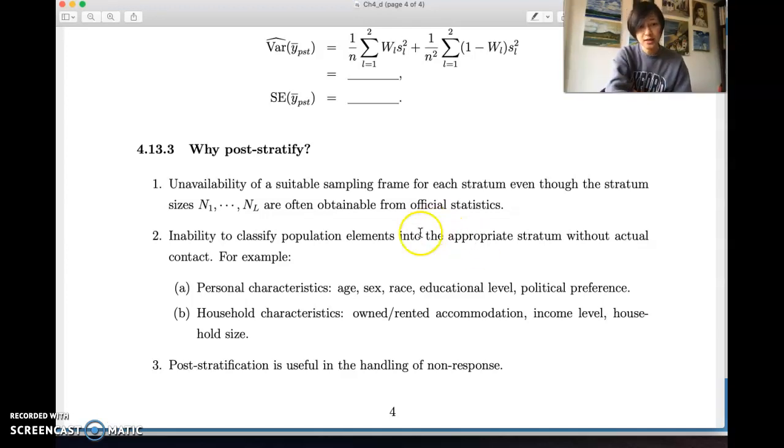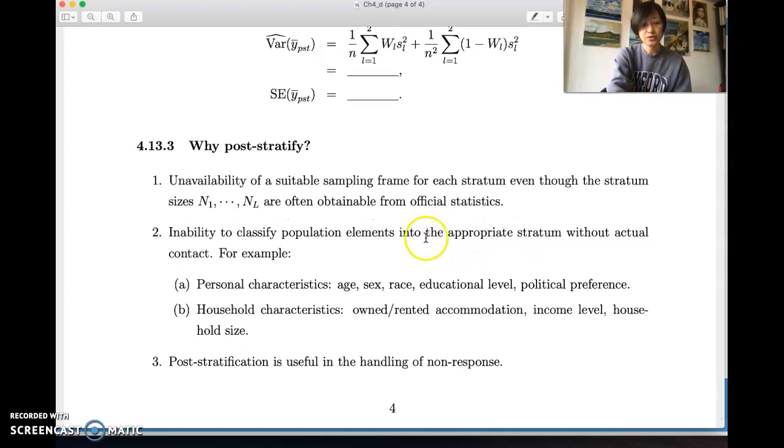If that's the case, we might need to first collect a simple random sample from the population and then divide them into strata. So that would be a post-stratification. Another reason is the inability to classify the population elements into appropriate strata without actual contact, like the previous two examples, where we do not know the gender proportion or the wholesale-retail proportion. Then we need to conduct the simple random sampling, then we do stratification.